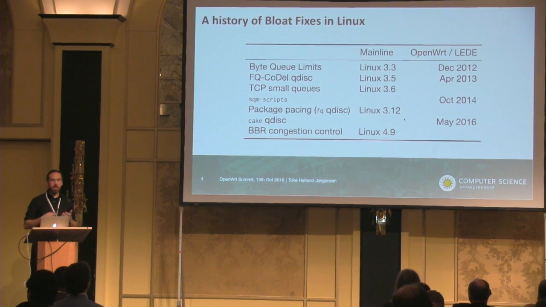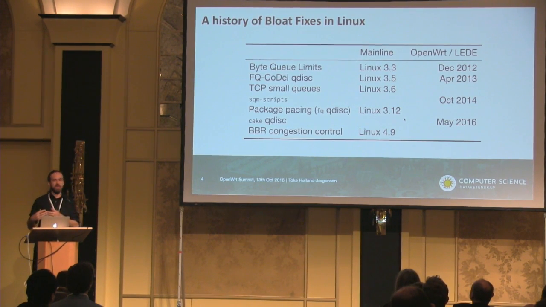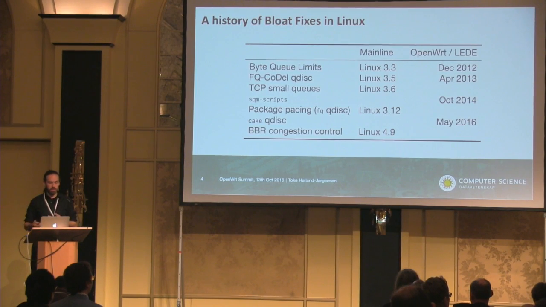Then there's a thing called packet pacing, which is tied to another qdisc called sch_fq, which went in Linux 3.12. So this is also a thing you will do in the host, where instead of dumping a whole window of packets into the network device at once, you will try to pace them out over the time of the round trip time, so you get a much smoother traffic going through.